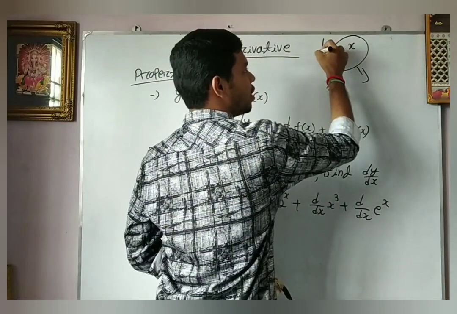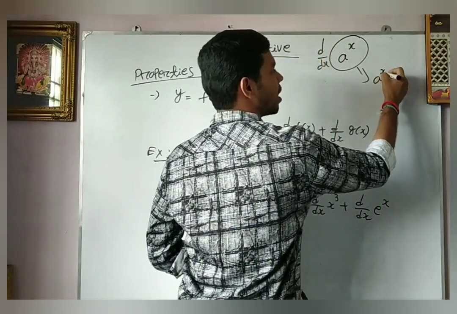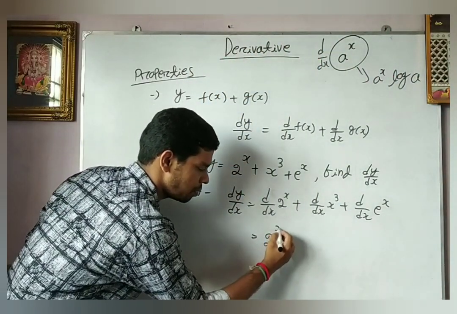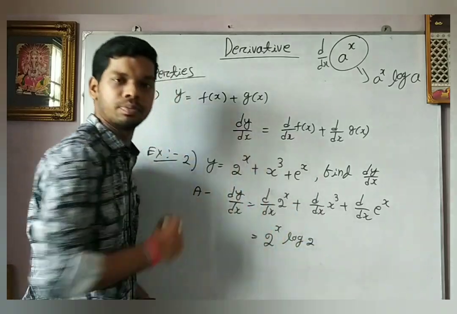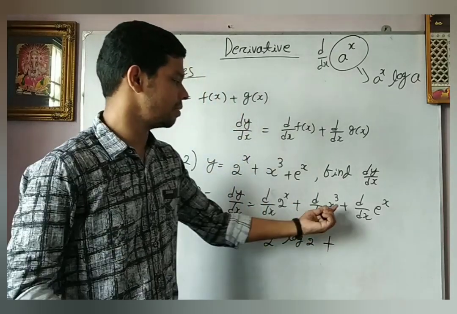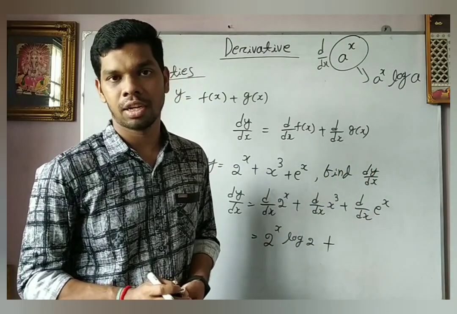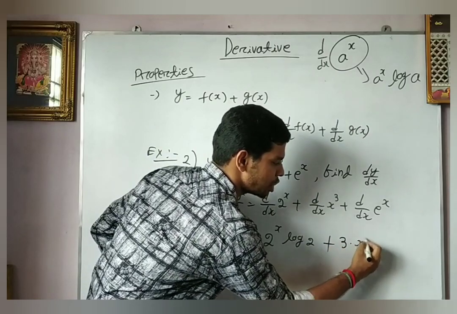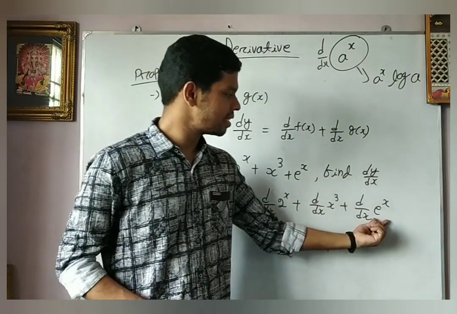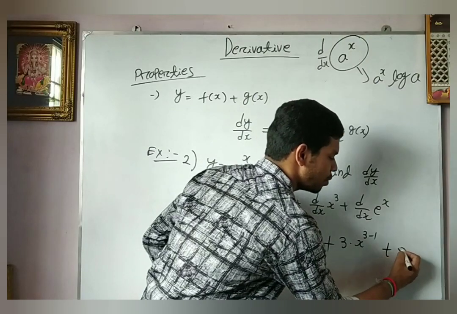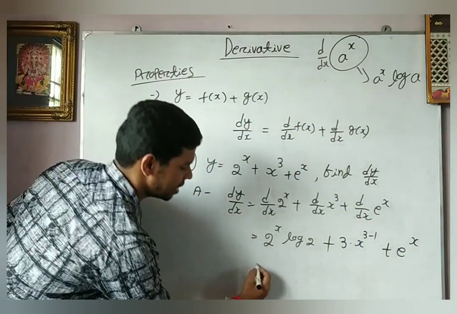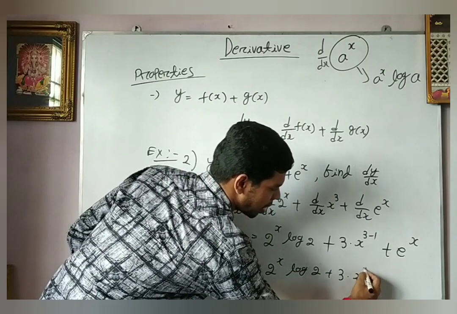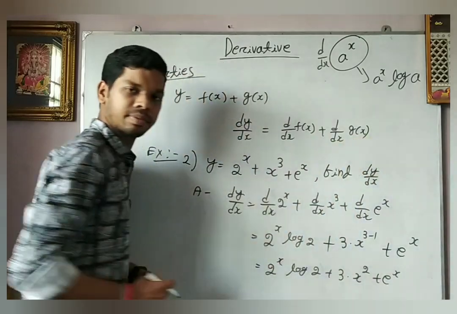Derivative of a to the power x is equal to a to the power x log a. This is equal to 2 to the power x log 2 plus this is variable to the power constant. Formula of x to the power n, 3 times x to the power 3 minus 1. This is e to the power x, and derivative of e to the power x is e to the power x. This is 2 to the power x log 2, 3 times x to the power 2 plus e to the power x.